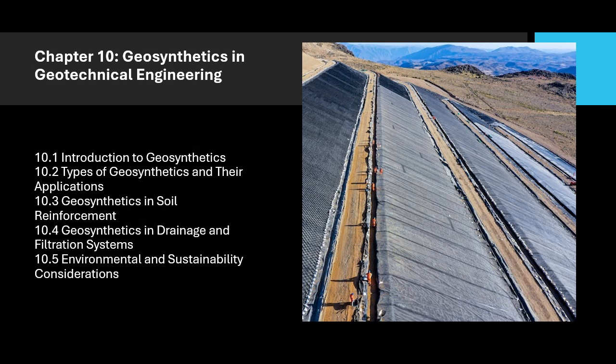In some cases, geosynthetics can be upcycled, meaning they are repurposed for new applications that can provide higher value or extended service life. For example, used geotextiles from one project might be reused in landscaping or erosion control.